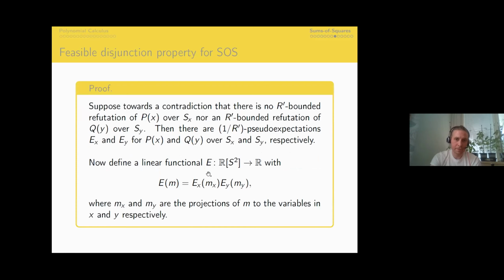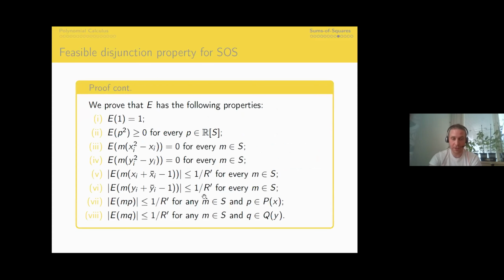Again, just a reminder, the idea is that assuming you wouldn't have these refutations, you'd have these pseudo expectations for these sets, and you could combine these into a new linear function that works against the given refutation. So it has these properties. Let's go quickly through this.